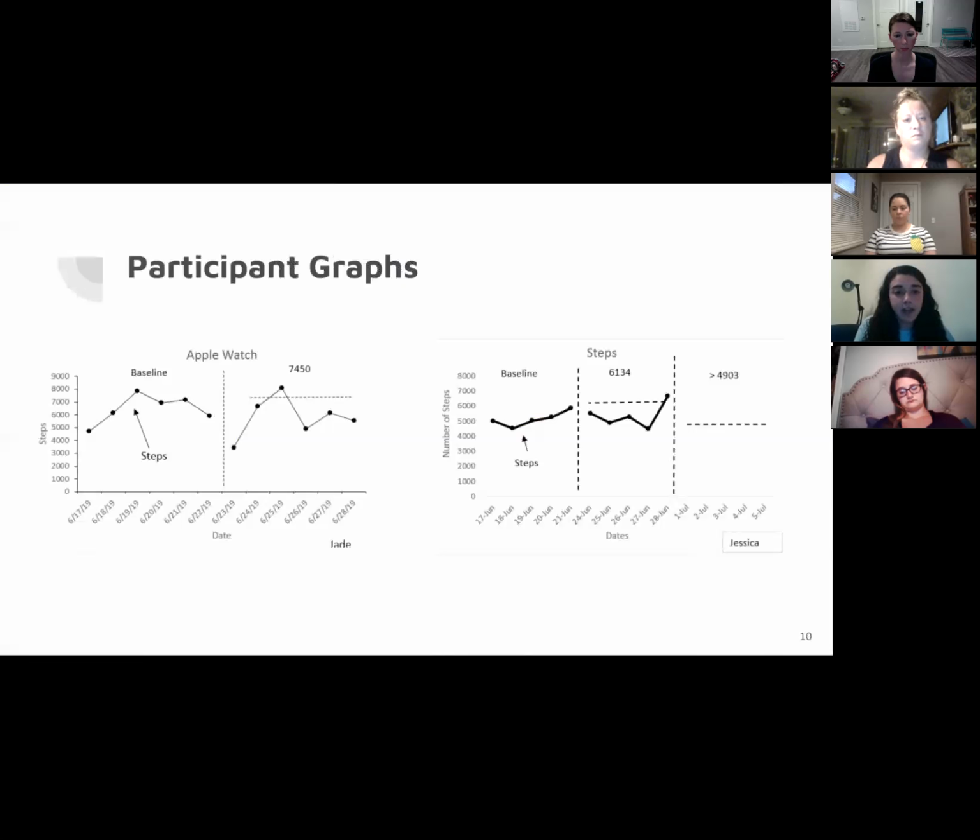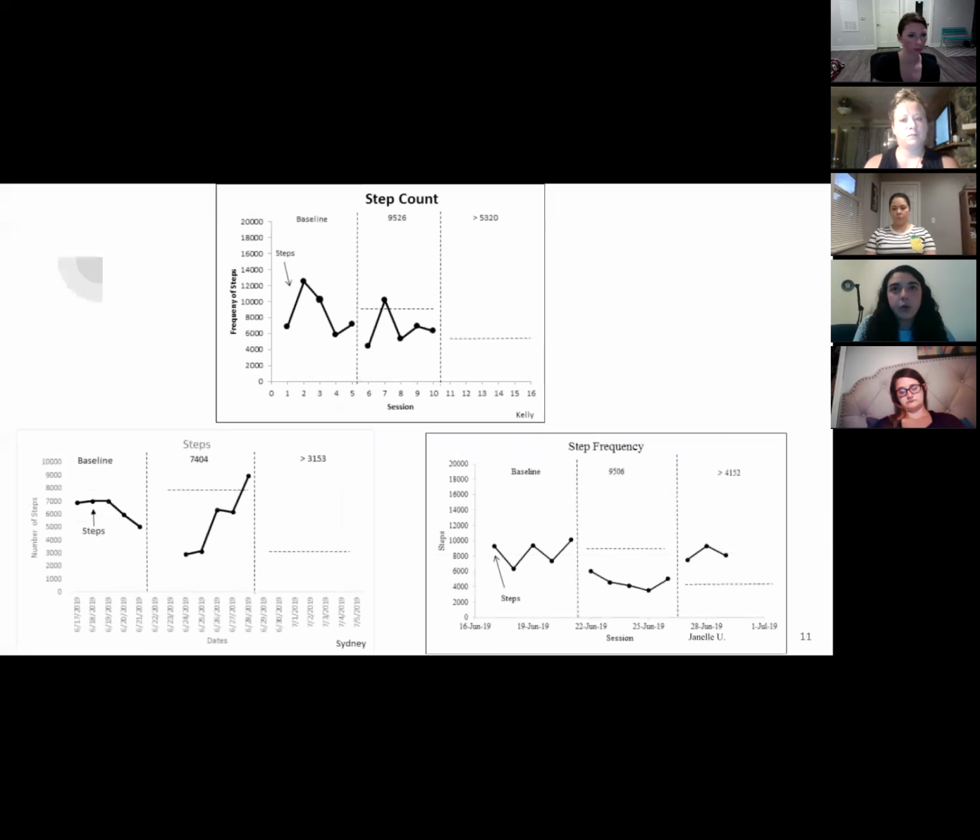So on the next slide, we have graphs for Kelly, Sydney, and Janelle. For my graph on the top, I had 3 stable data points during baseline, so I was able to move into intervention phase 1. The average number of steps that I had during baseline was 8,526. My phase 1 criterion was set for 9,526 steps.